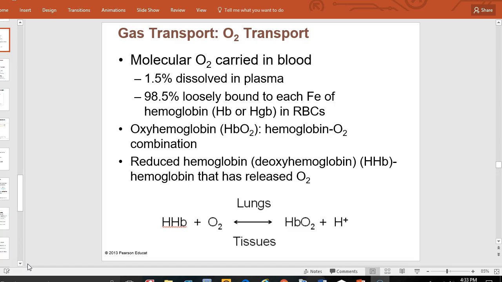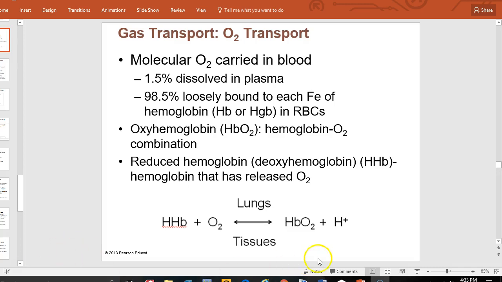or attached to the heme part of the hemoglobin molecule, the iron part. About 1 to 2% of that is dissolved as gas bubbles in the plasma of blood. A couple of vocabulary terms: oxyhemoglobin and deoxyhemoglobin, or reduced hemoglobin, which is hemoglobin that's lost some oxygen or released oxygen.